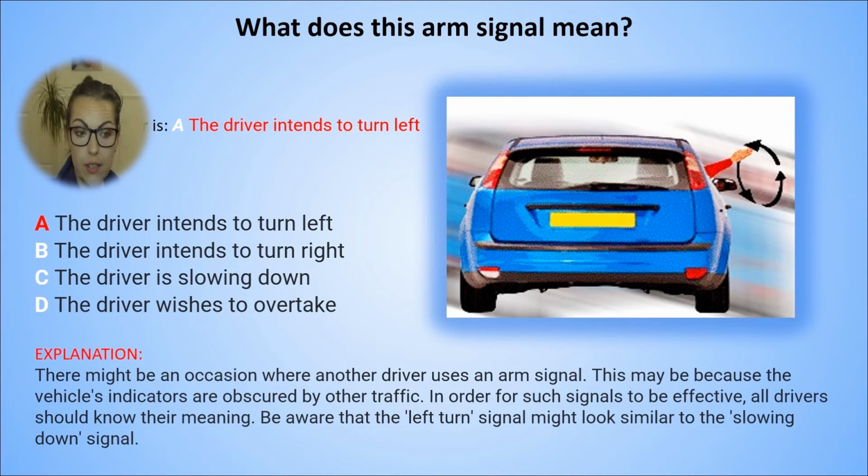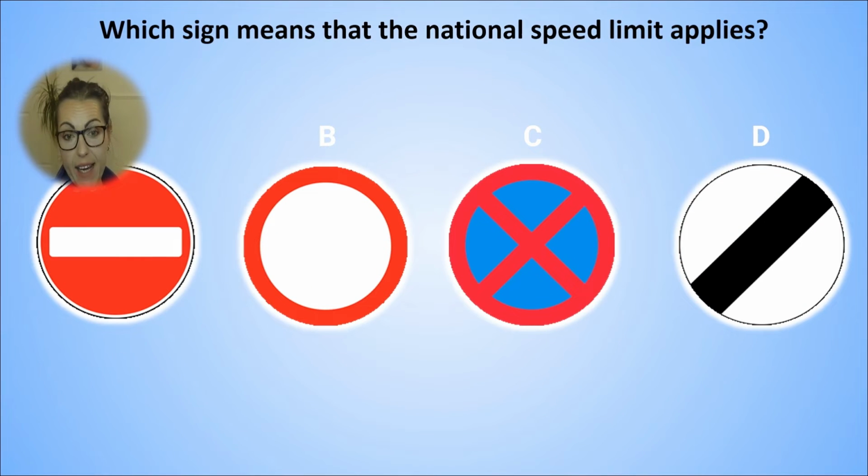Next question. Which sign means that the national speed limit applies? Sign A, sign B, sign C, or sign D? And let's start the countdown. 5, 4, 3, 2, 1.